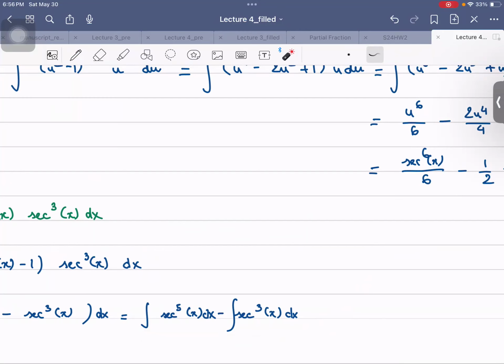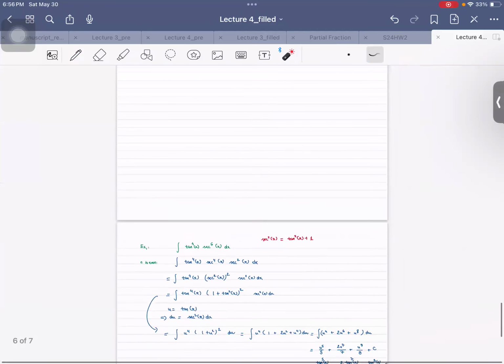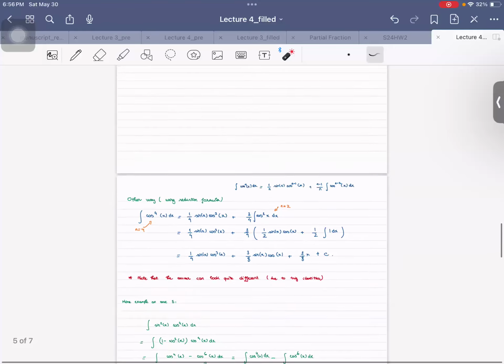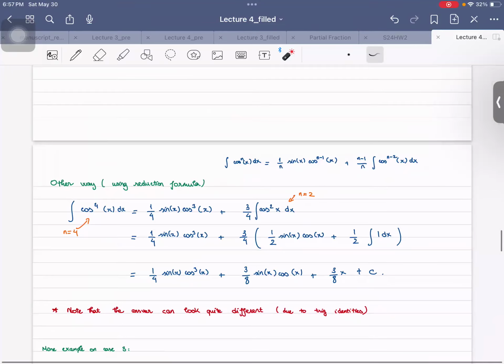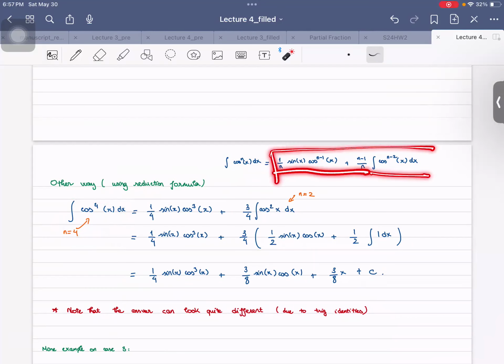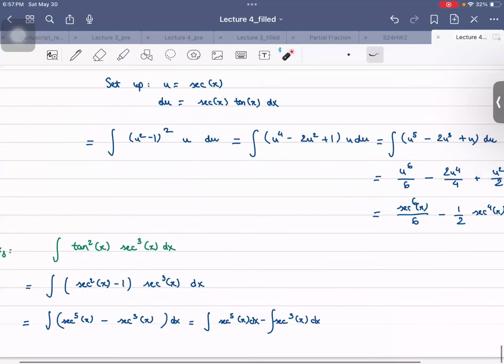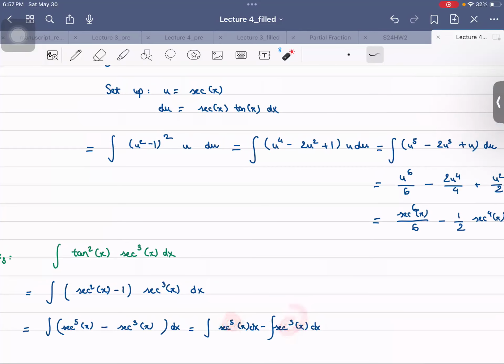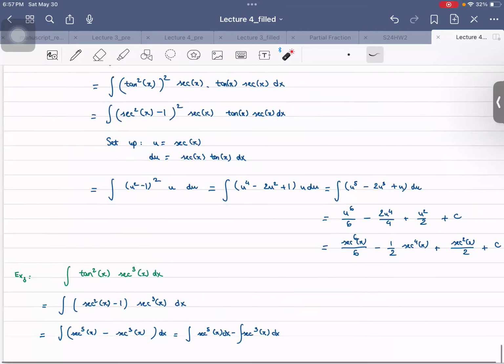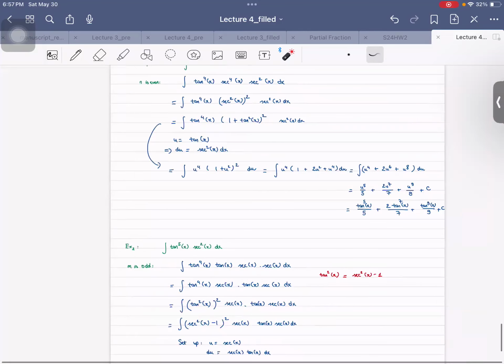It's actually very similar to the case where I had cosine to the power of 4 and decided to use the reduction formula. You just write down the formula and determine the power, which was 4 there, but in this scenario your powers are 5 and 3. So you have to use the reduction formula for these two separately, one with 5 and one with 3.